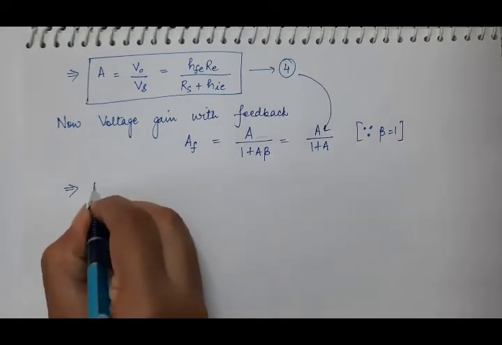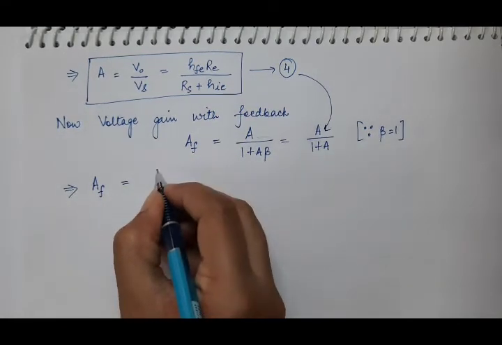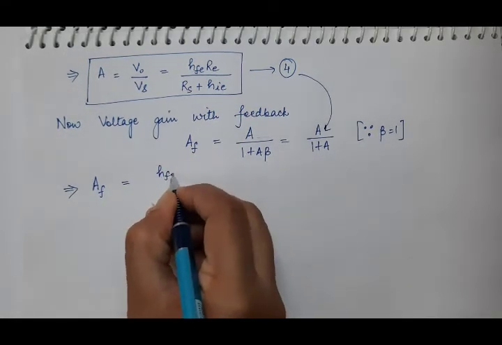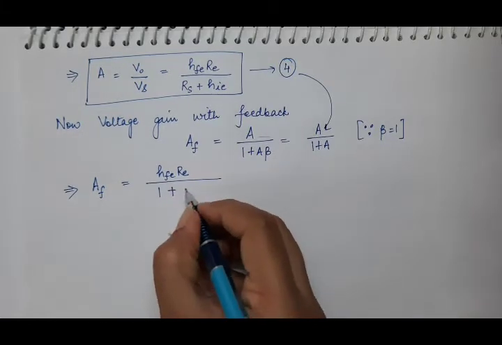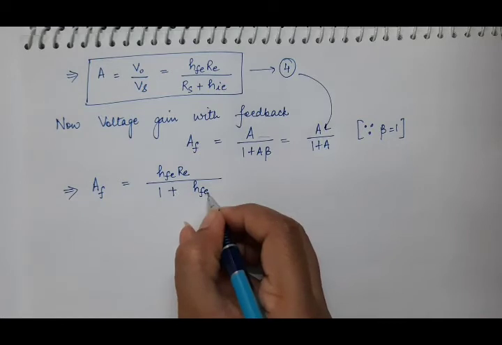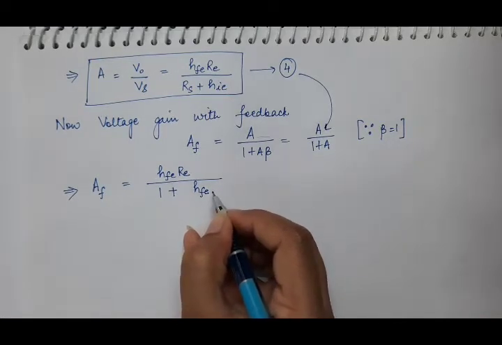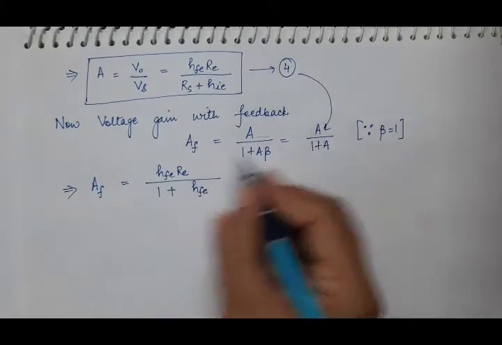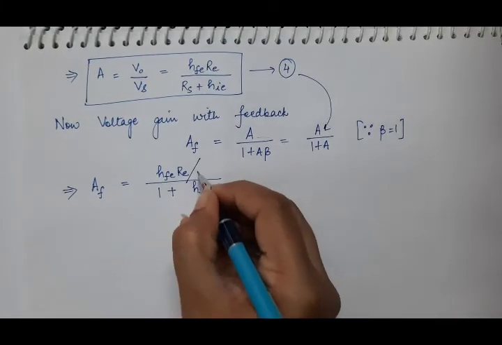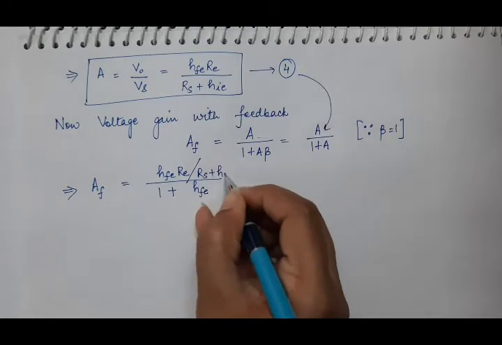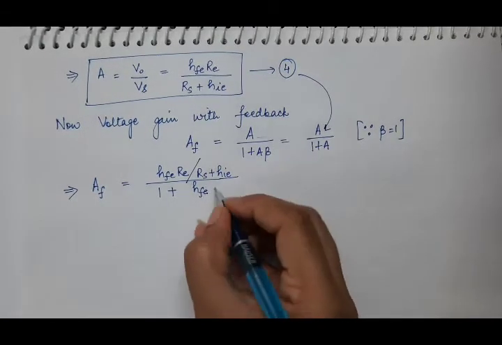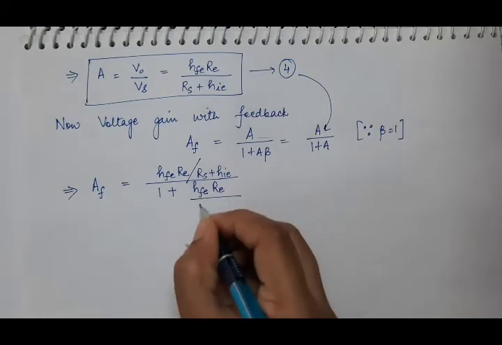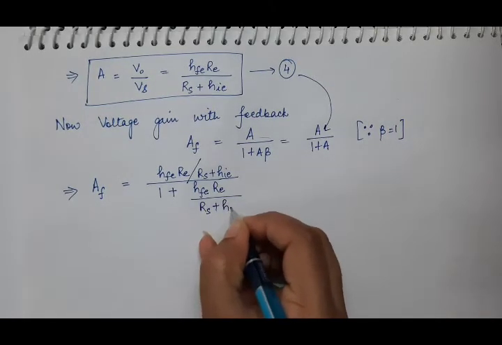And what will be the voltage gain with feedback? The value of A is HFE Re divided by Rs plus HIE, divided by 1 plus the value of A, which is again HFE Re upon Rs plus HIE.